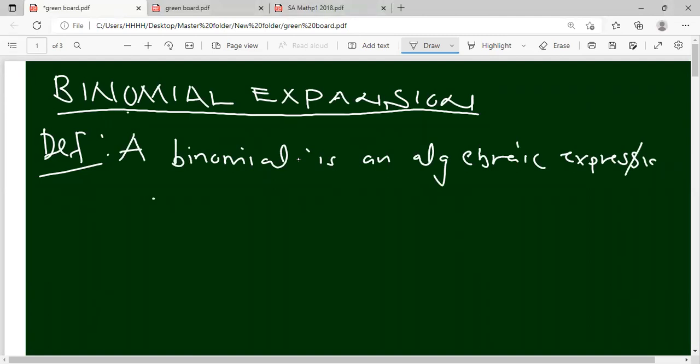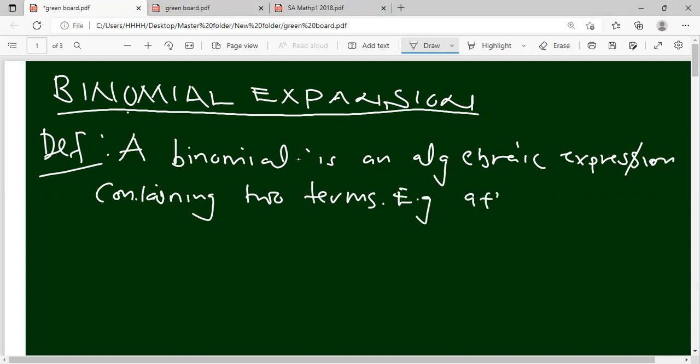Algebraic expression, take note, this is not their expression, containing two terms. So if an expression has got two terms with variables, that is an algebraic expression. All right, e.g. a plus b, that is a binomial.